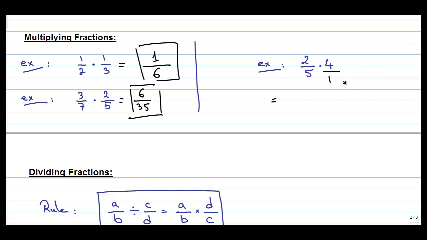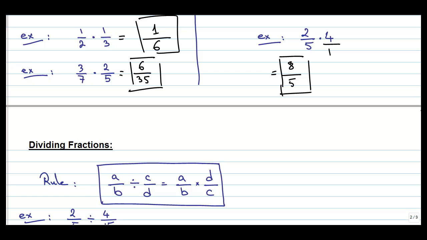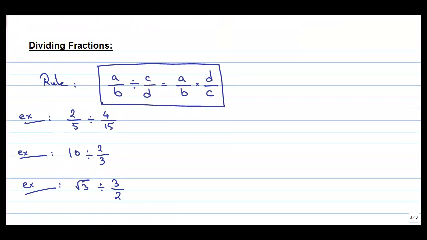Now that we have two fractions, just multiply the numerators. We have 8. Down we have 5 times 1, that's 5. So that's the final answer, 8 over 5. It's very simple, right? Alright, we'll move on to another point.